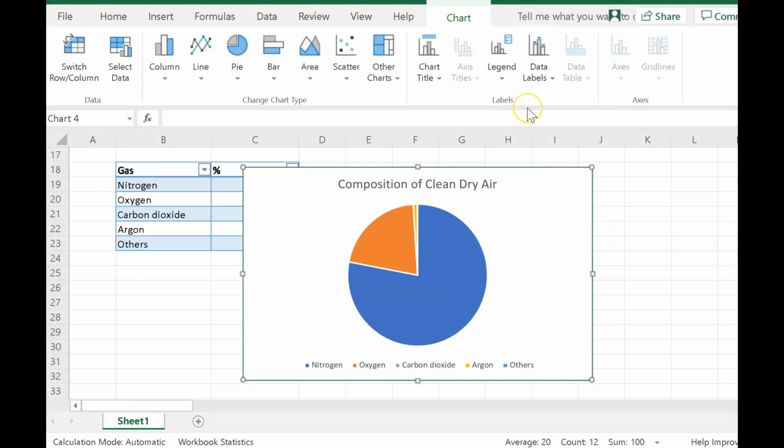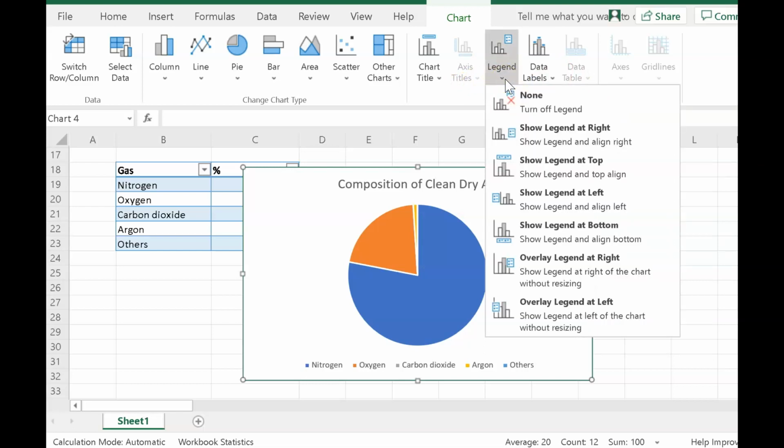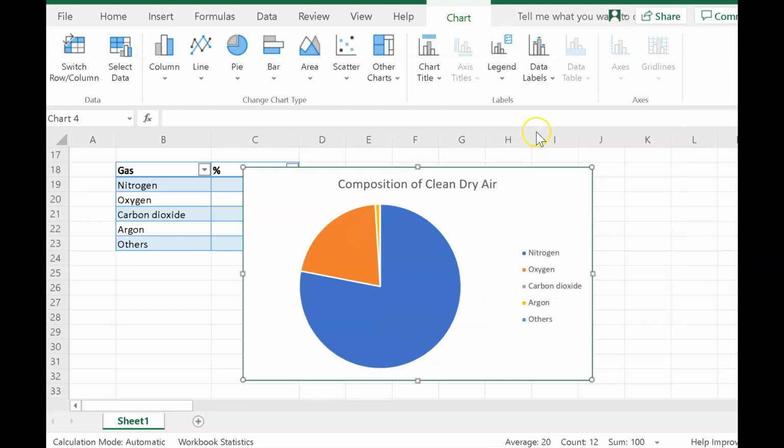So I have other options here. These are my legends. So I can show them in different places. So I could, for example, put them next to the chart like this, and this can be easier for us to read.